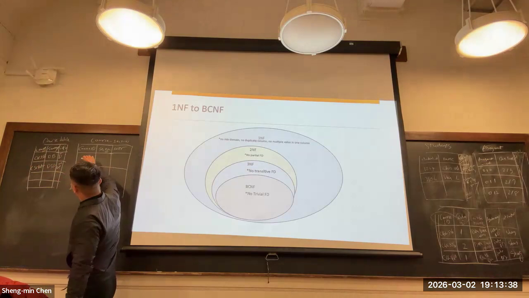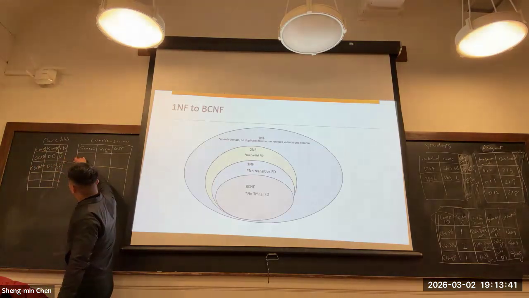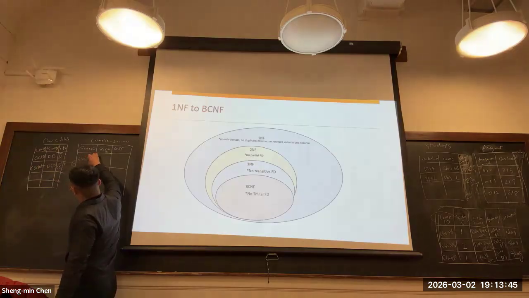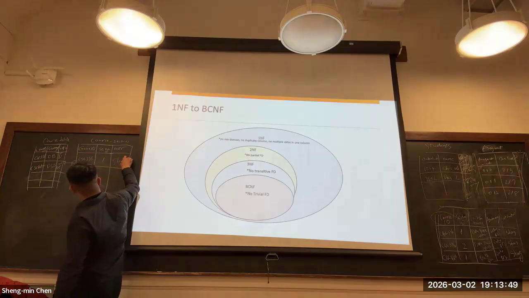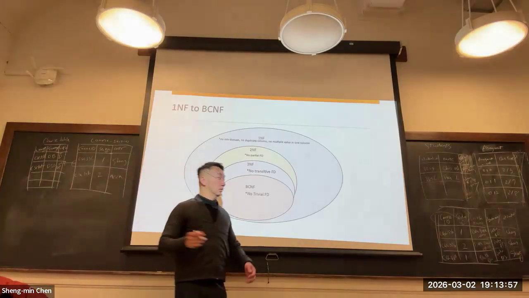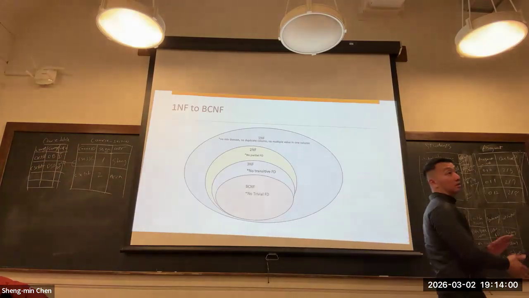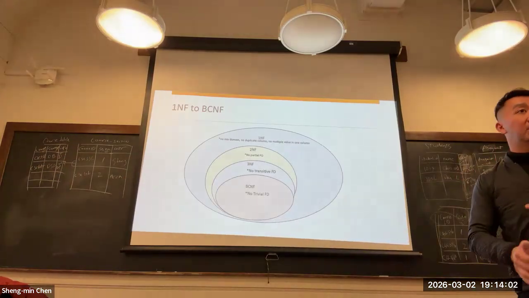And in this case, you can have something like CSC336 section 1 with Sheng, let's say, and CSC336 section 2 with Hero, let's say. Second normal form.